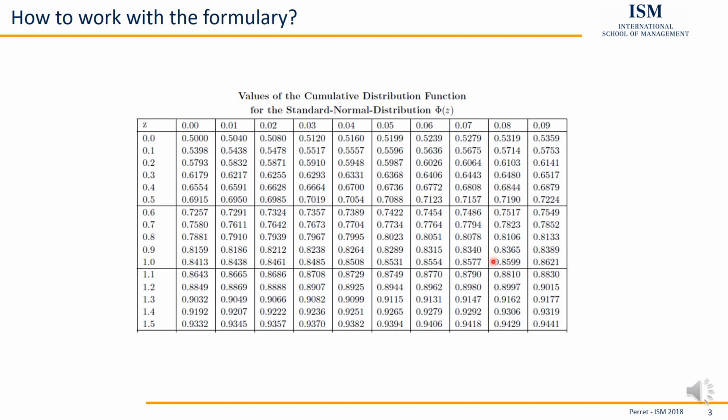So here I would use this value. If I have the value 0.66, I would go into the row of 0.6 and a column of 0.06, this one here. So that's on how to use this table for the standard normal distribution.